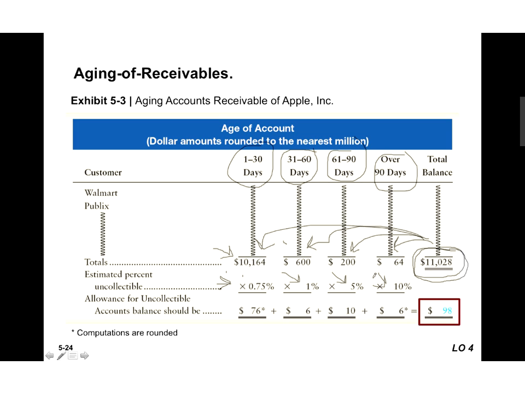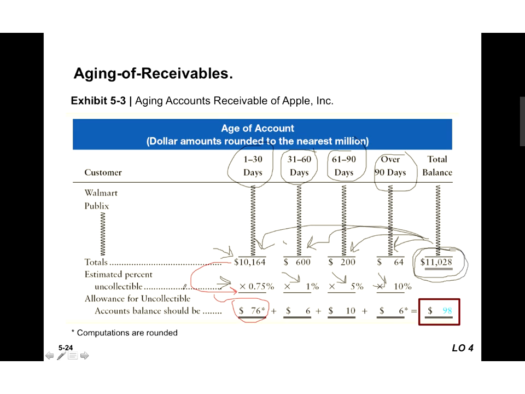They come up with these estimates. So once they have the amount that's in that bucket and the percentage uncollectible, they multiply the two things. They're taking the total in each bucket and multiplying. So let me take the 10,164 times the 0.75, and that's going to give me the 76, rounded roughly.